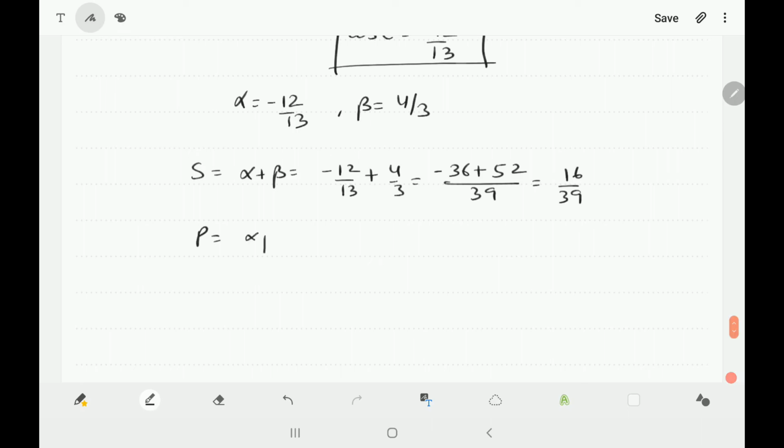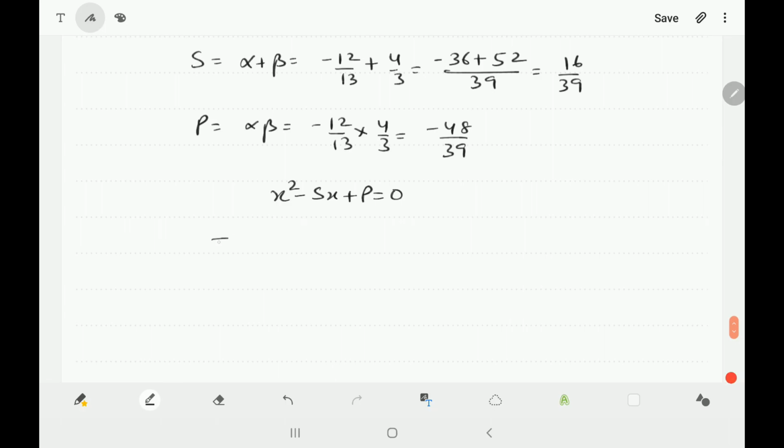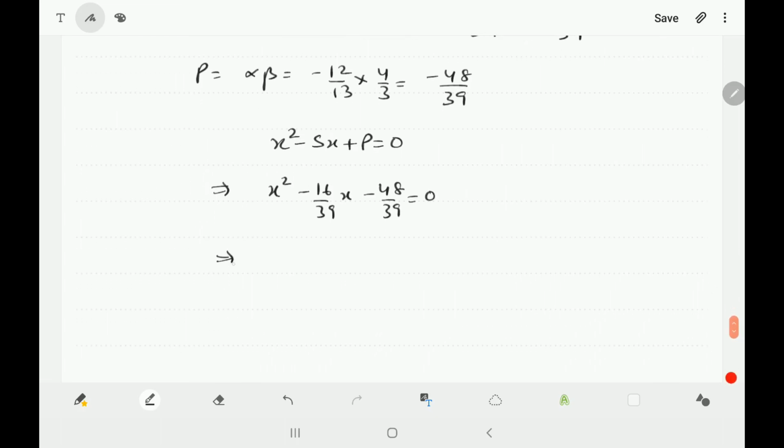And product will be alpha beta, which is minus 12 by 13 into 4 by 3, giving us minus 48 by 39. So the quadratic equation will be x square minus Sx plus P equal to 0. You also know this thing. So the equation will be x square minus 16 by 39 x minus 48 by 39 equal to 0. So the final answer for this problem will be 39x square minus 16x minus 48 equal to 0.